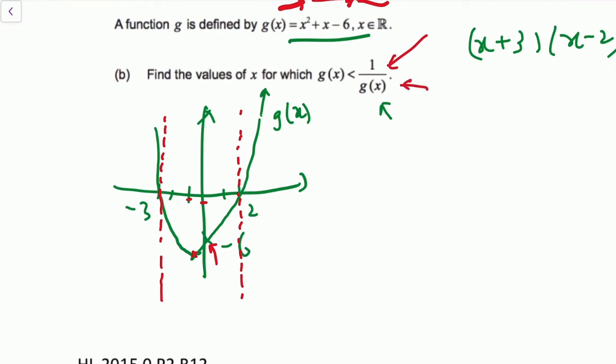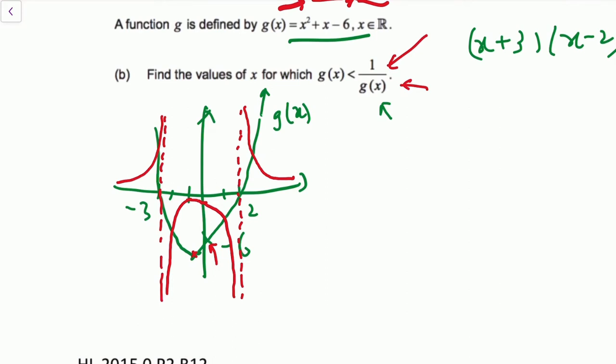And obviously 1 over positive stuff is positive, so this part of the graph should be on top, and this part of the graph should be on top. And anything in between here should be negative, because 1 over something negative is negative, right? So you'll probably guess that the graph looks something like this.